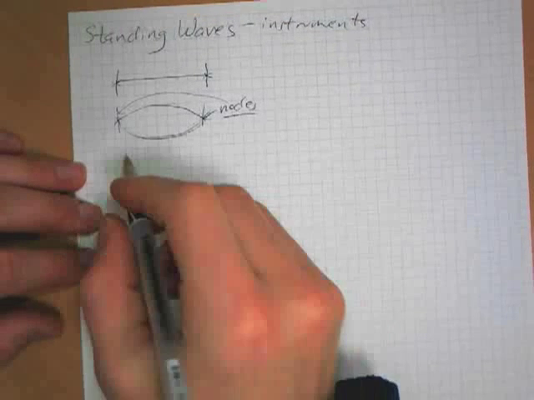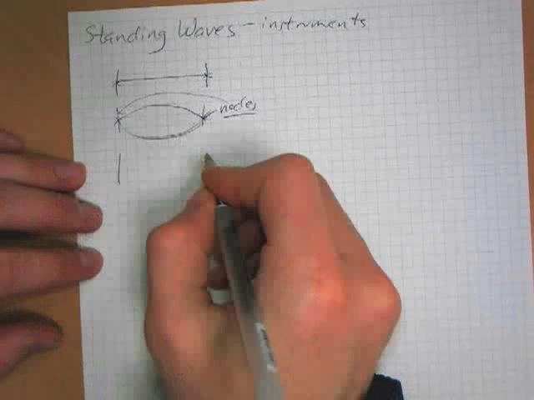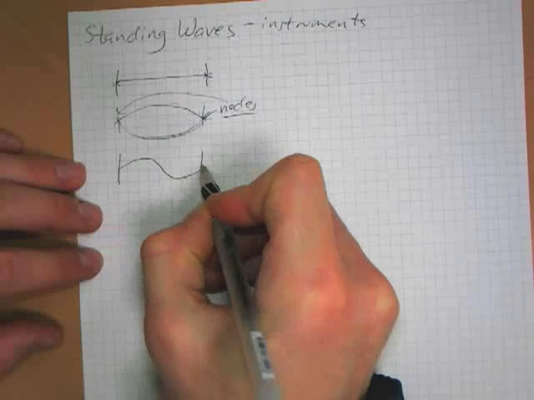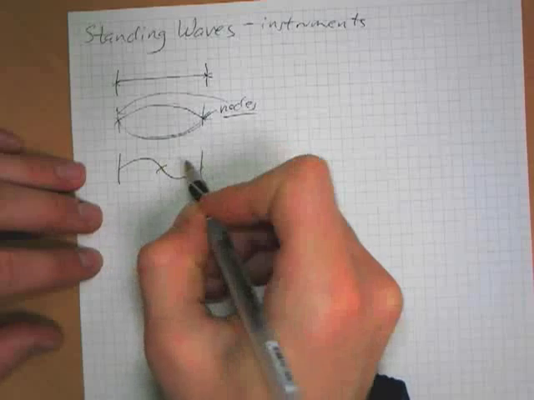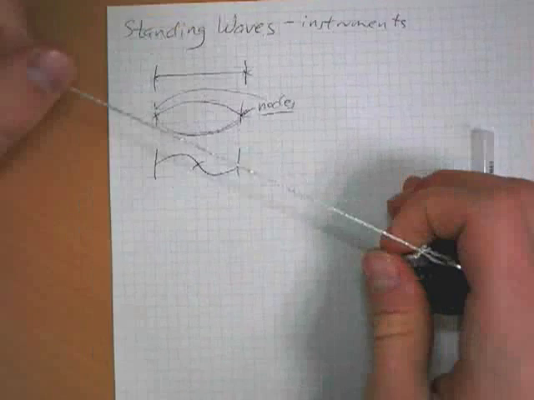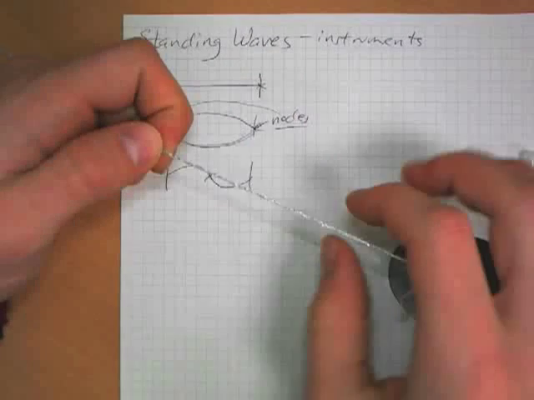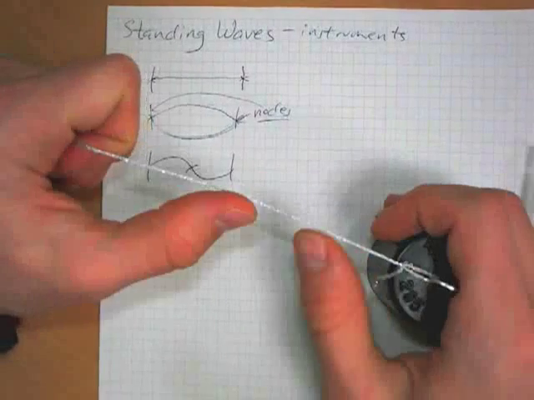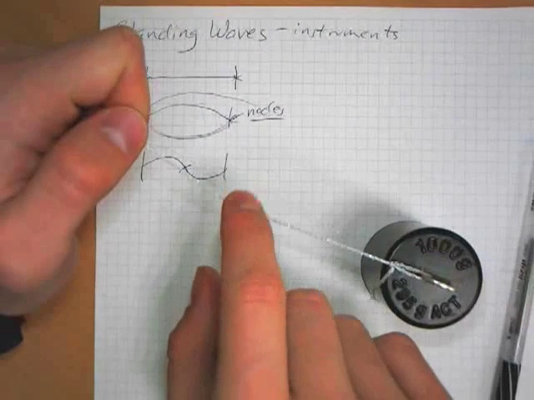Again, if you vibrate the string in a certain way, you could create another type of standing wave where you have a full wavelength, and there's also this node in the middle. So if you have your string, the first picture is just the case where you pluck it and the string is just going back and forth like that.